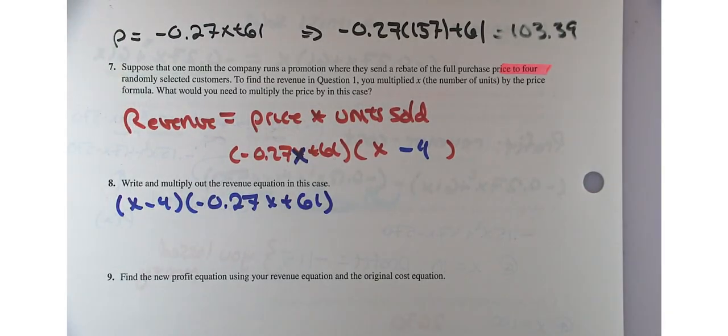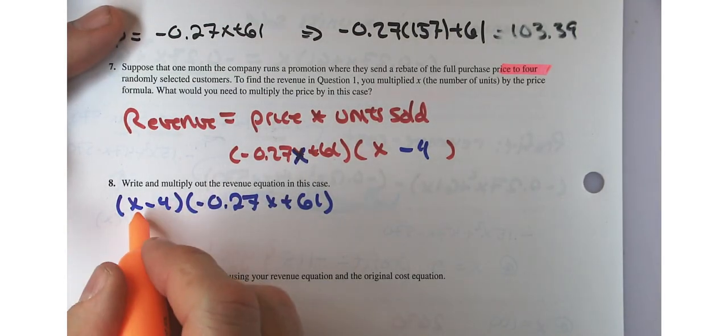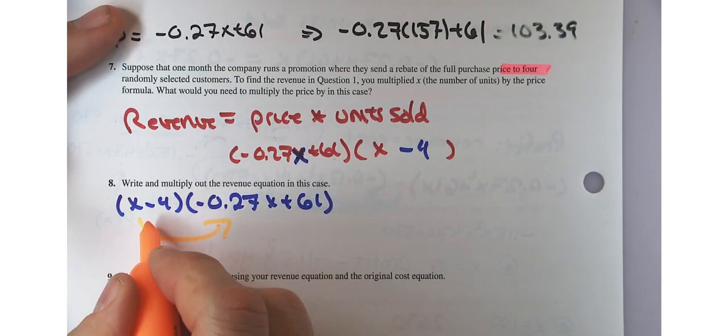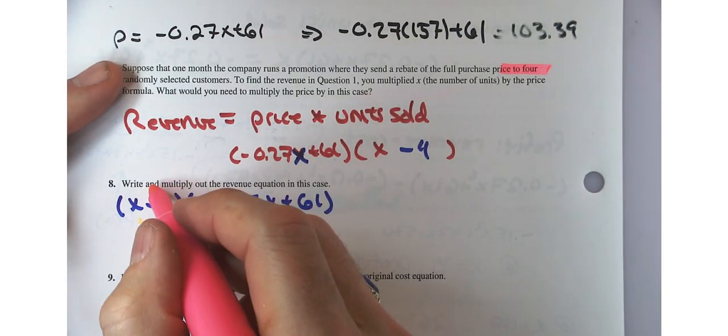What do I have to do? Ah, nice. You're going to have to distribute. So the X is going to have to multiply both of these terms here. Here and here. The same thing is going to happen with a minus 4 and these terms.